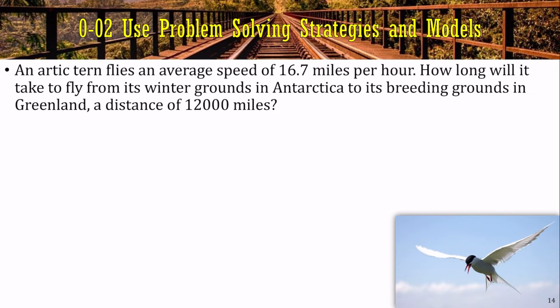So this sounds like distance equals rate times time. Why? Because I have distance, that's a rate, and we're looking for time. So distance equals rate times time seems to be pretty good. Our distance is 12,000 miles.